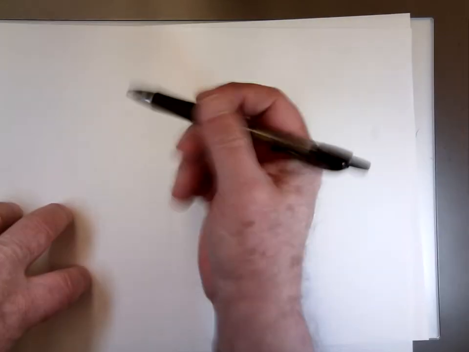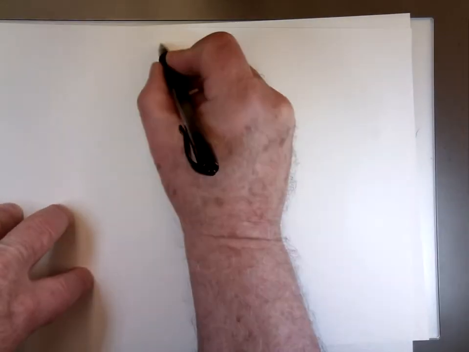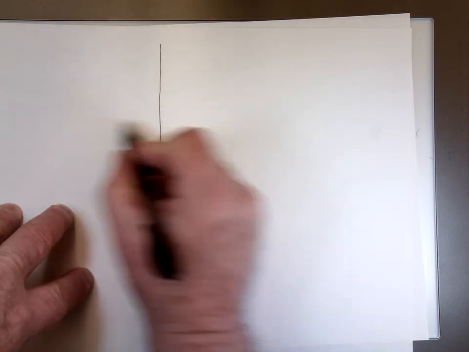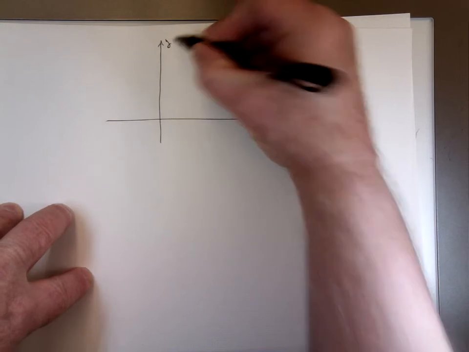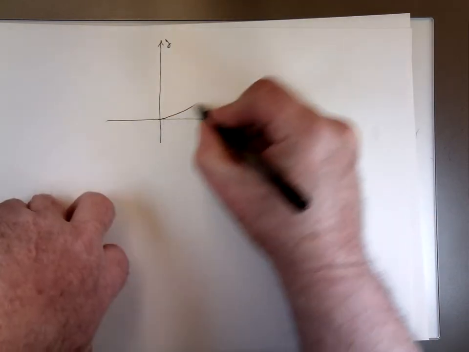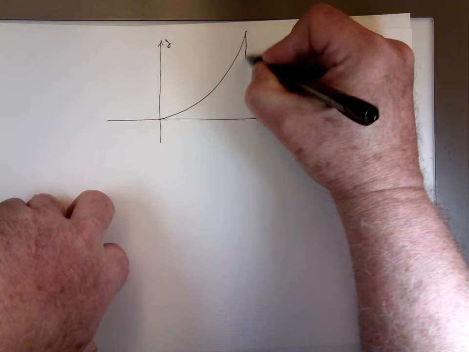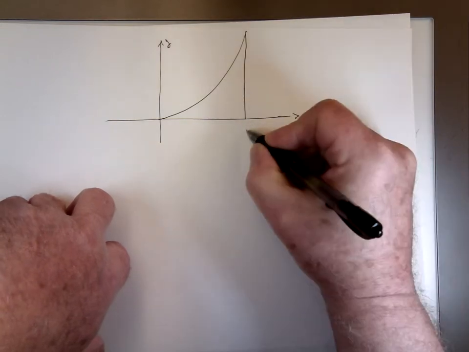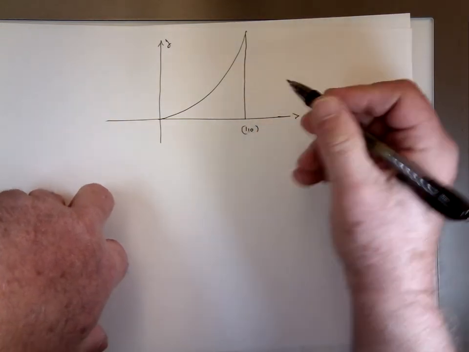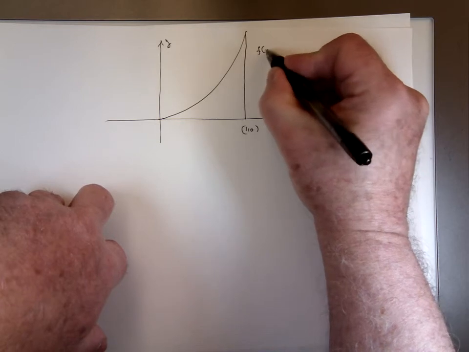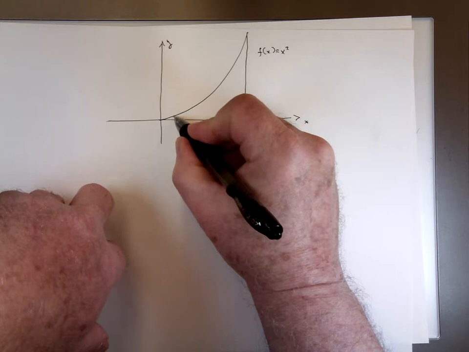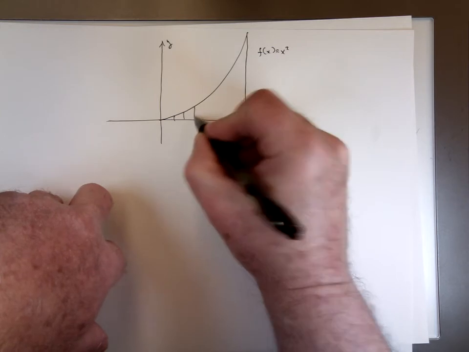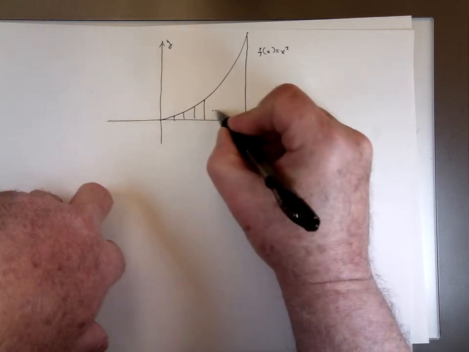Here we go. We're going to take this and divide this up into n rectangles, like so.